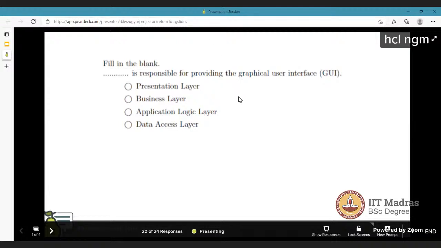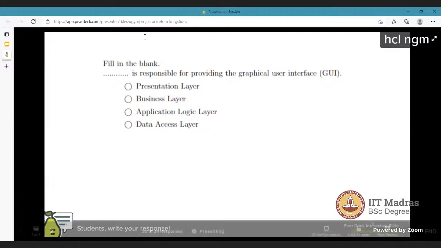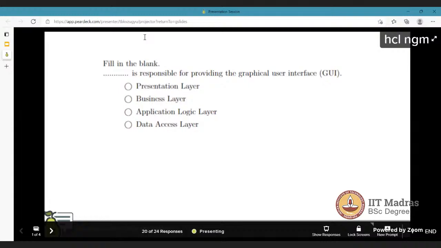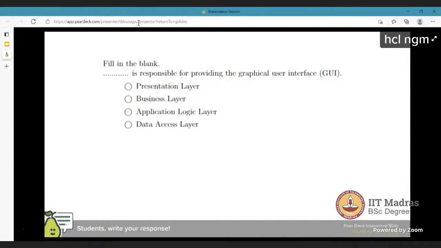No, presentation layer means it is showing the data or information on the GUI screen. Correct. But application logic is the internal logic. Suppose if some condition needs to be specified, suppose I have an age value, 20 to 30 is very young age, 30 to 40 middle age, 40 to 50, that kind of logic needs to be applied in the application logic layer.